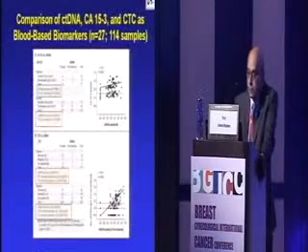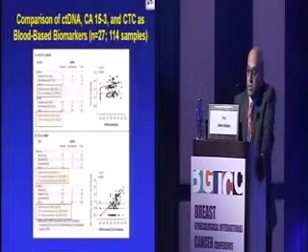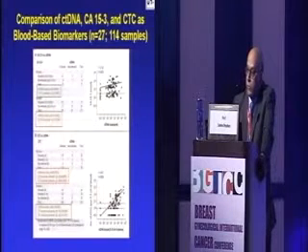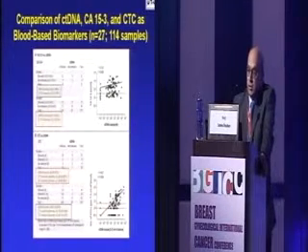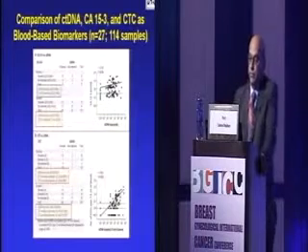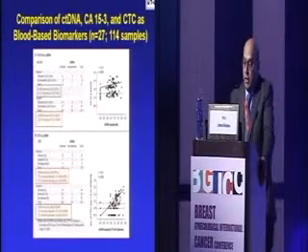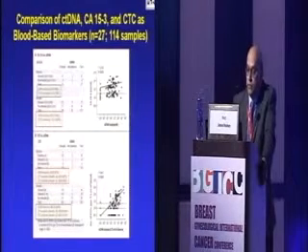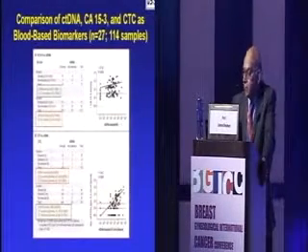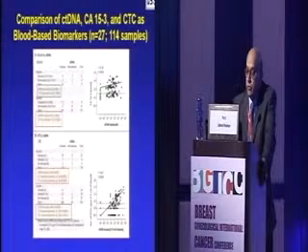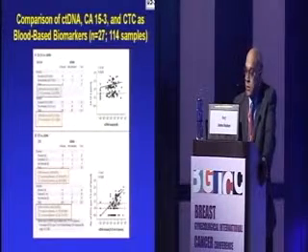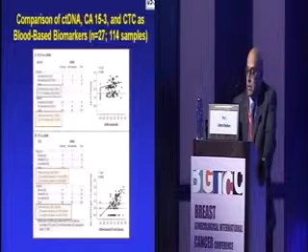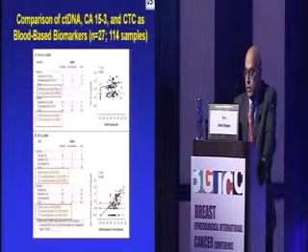Now there's a comparison that was done in the same study where they looked at 3 different biomarkers: ctDNA, CA15.3, and CTCs. Here in the top panel, they're comparing CA15.3 to ctDNA. On the right-hand side in the graph, the x-axis is ctDNA and the y-axis is CA15.3.